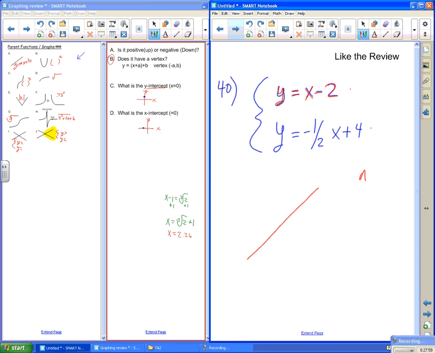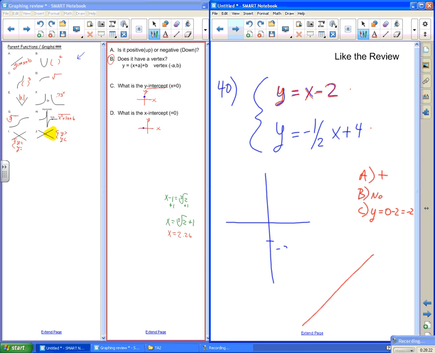Question A, is it positive or negative? Well, the x is positive. Question B, does it have a vertex? Lines don't have a vertex. Question C, if I plug in 0, what do I get? Get -2. So there's my y-intercept. Okay, so let me move this for a second. My y-intercept is -2.